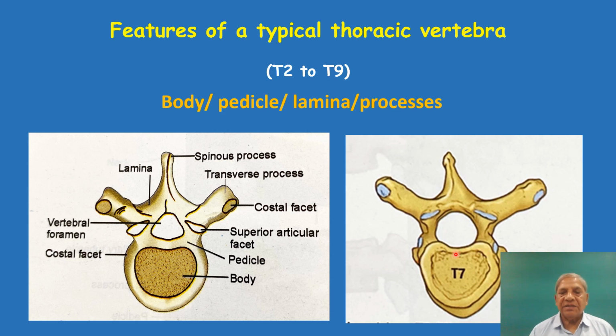So this is a heart-shaped body on both the superior as well as the inferior surface, which is an important point for determination of a typical thoracic vertebra.